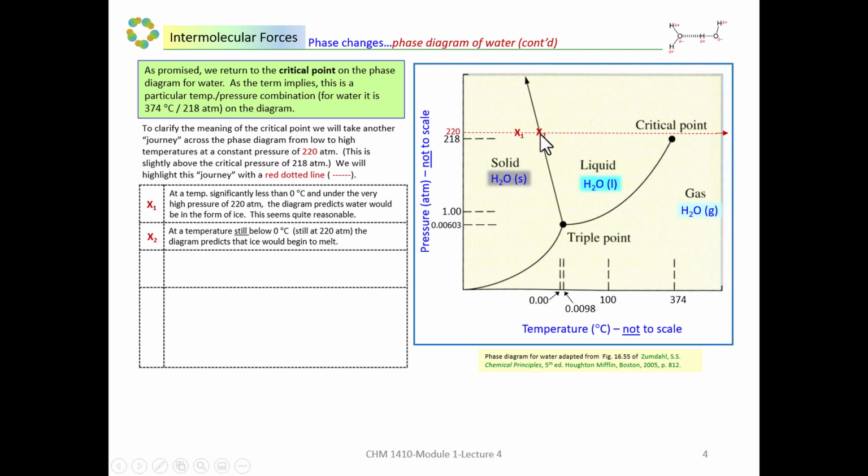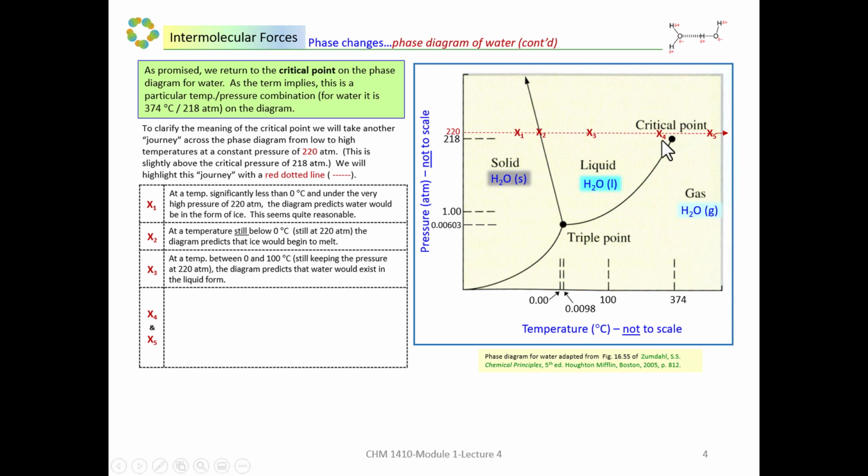The temperature is still below 0, because remember 0 is over here. We're still at a very high pressure, and the diagram predicts that the ice would begin to melt. Okay. How about point x3? Well, at point x3, we're at a temperature between 0 and 100, still at this very high pressure, and the diagram predicts that water would exist in the liquid form. We have no reason to argue with that.